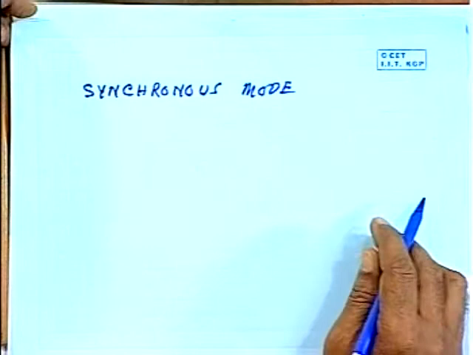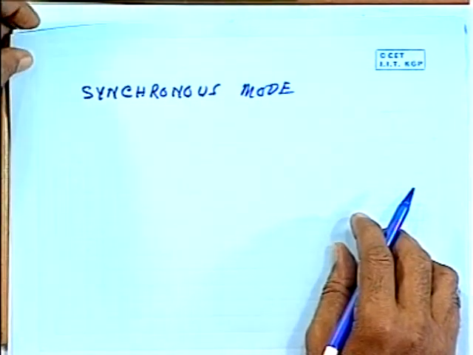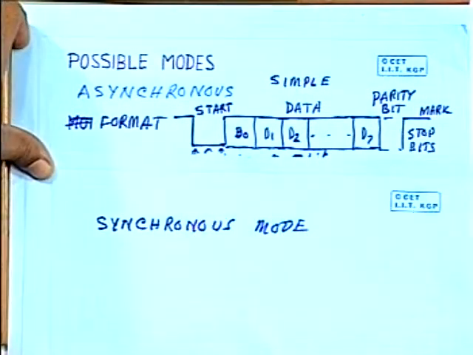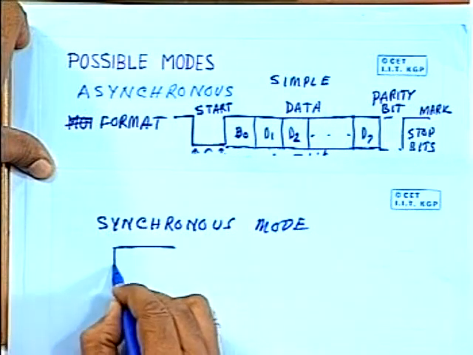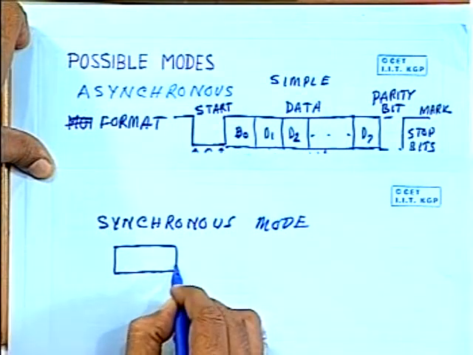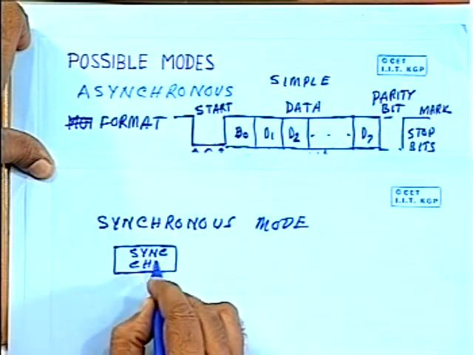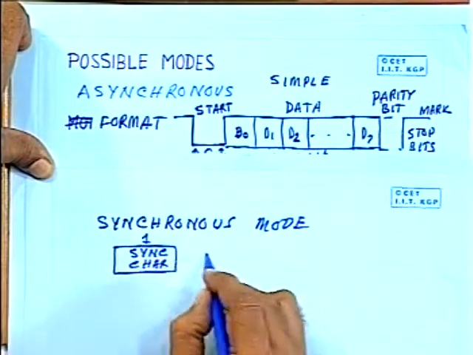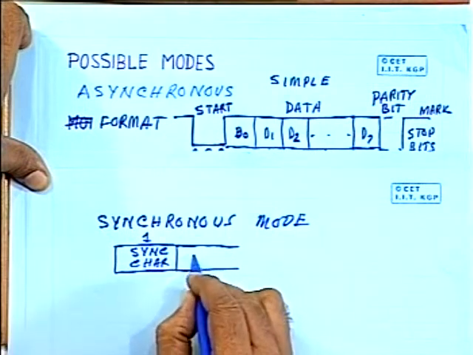In synchronous mode, no such framing of data is done. That means the kind of framing that you did here is not done. What you do is send a character. Initially, you will send a synchronization character, maybe one or sometimes two synchronization characters.